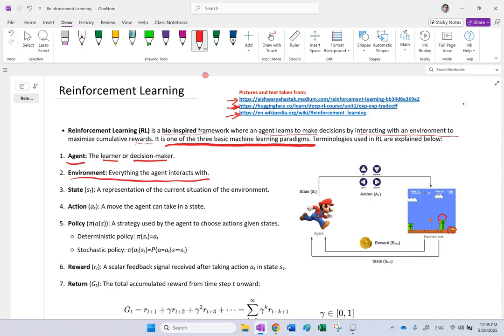What about the state? State is a representation of your current situation in the environment. So both the agent and the environment, if you want to represent them, how is the state representing them? For instance, if you look at the chess game, you know that in a chess game you have these 64 cells, correct? And then based on those 32 pieces that you have, which ones of them are present, which ones of them are taken, and so on and so forth, correct?